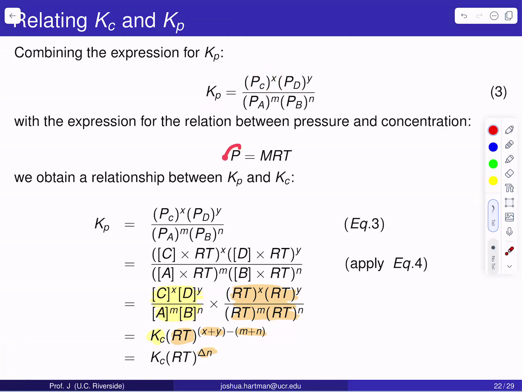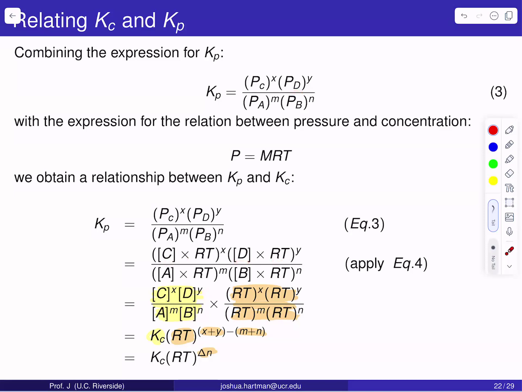Now, every time we see a partial pressure, we know that we can use the ideal gas law to express that partial pressure in terms of concentration times RT. So let's do just that. Let's change out PC with the concentration of C times RT. Change out the partial pressure of D with the concentration of D times RT.